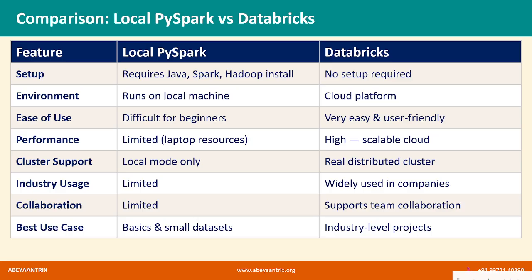So these are the differences between local PySpark and Databricks. If you want real work in a real cluster environment, then Databricks is the good one. If you don't want environment setup, configuration, or any headaches, you can use Databricks.